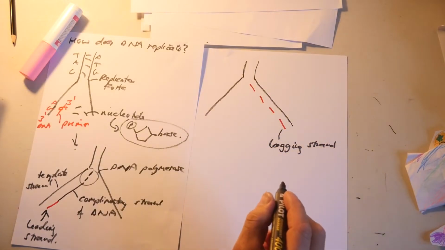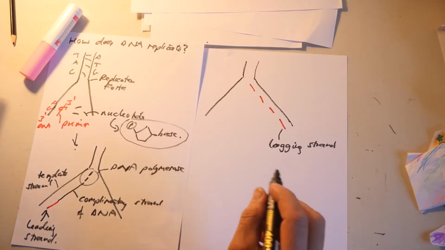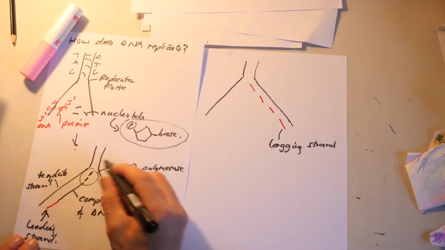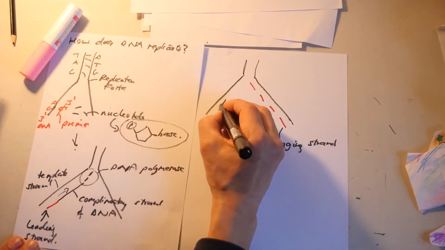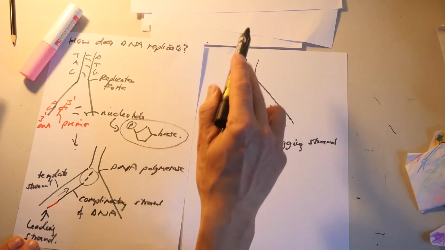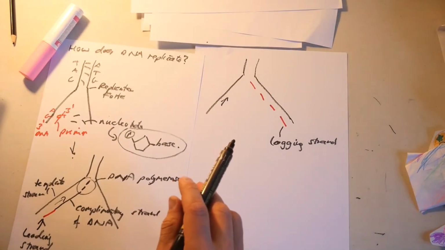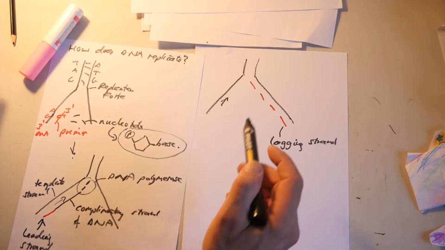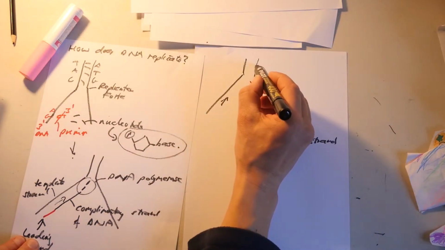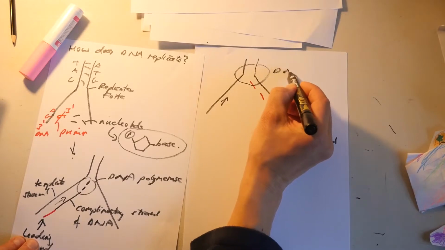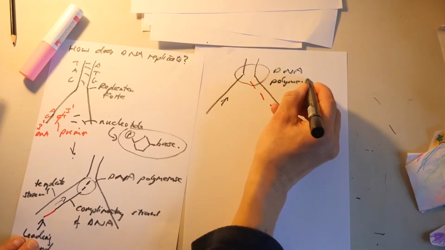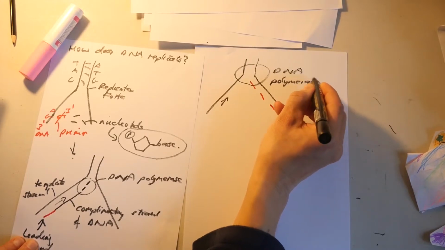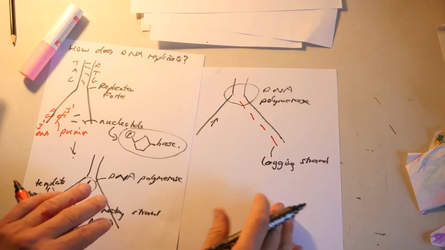The direction of replication is actually that way, okay? That's the direction of it, it's going that way along. The DNA polymerase is here. That's the DNA polymerase, okay?